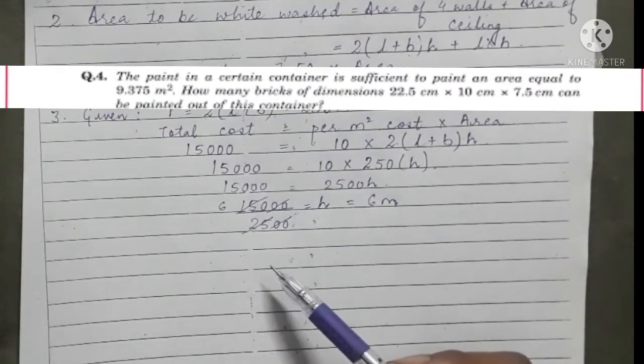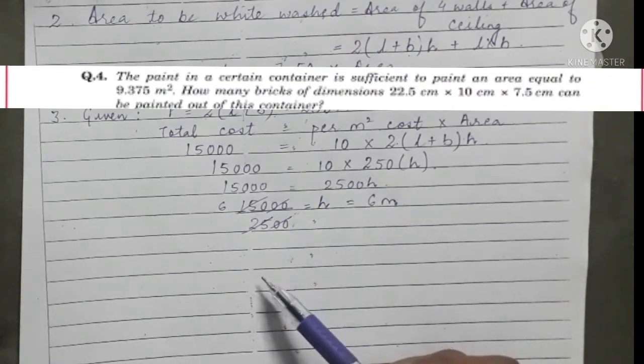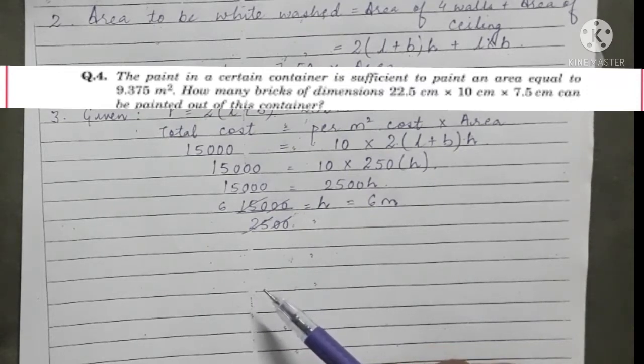Now let's move on to the fourth question, that is, the paint in a certain container is sufficient to paint an area equal to 9.375 meters square. How many bricks of dimension 22.5 cm into 10 cm into 7.5 cm can be painted out of this container?